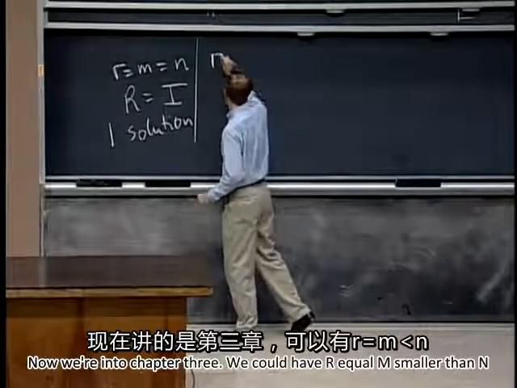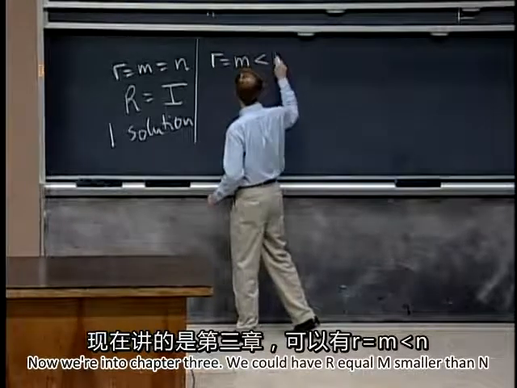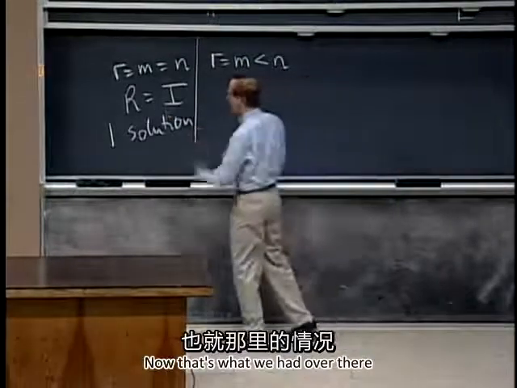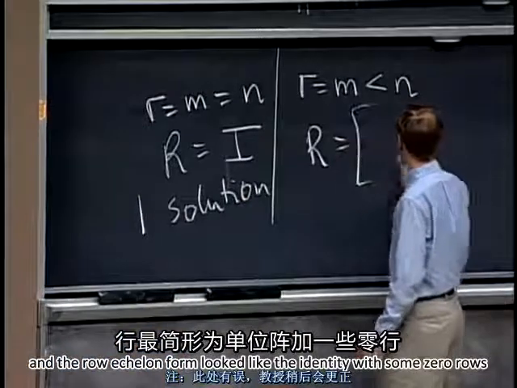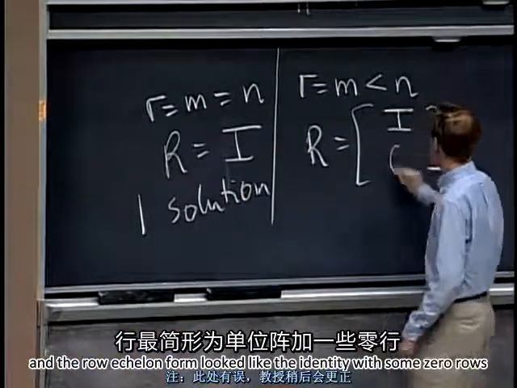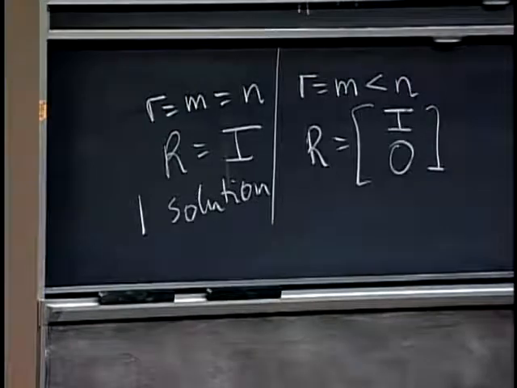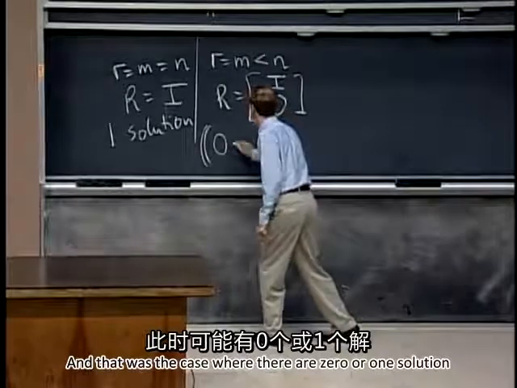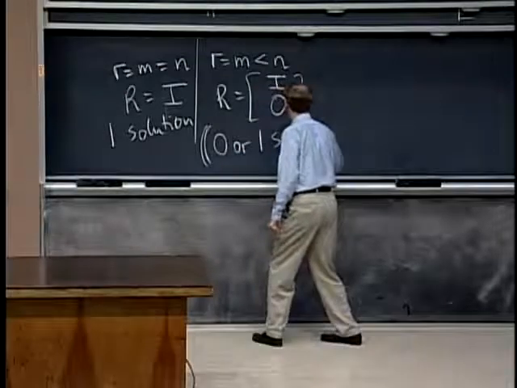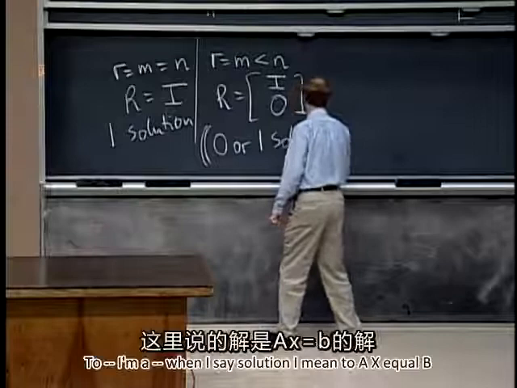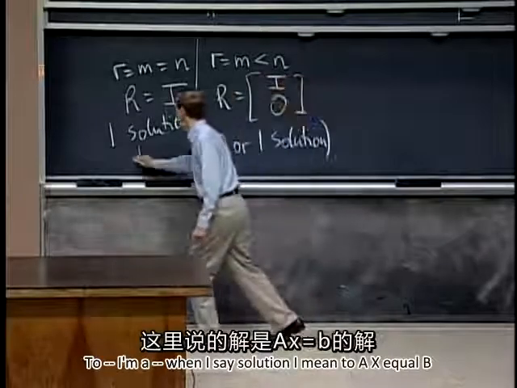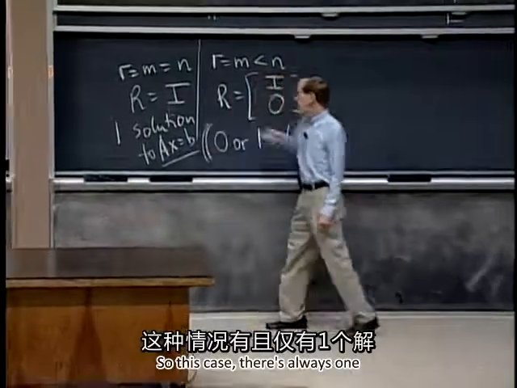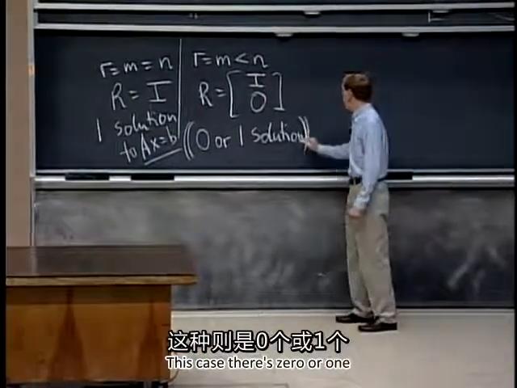We could have R equal M smaller than N. That's what we had over there, and the row echelon form looked like the identity with some 0 rows. And that was the case where there are 0 or 1 solution. When I say solution, I mean to AX equal B. So this case, there's always 1. This case, there's 0 or 1.